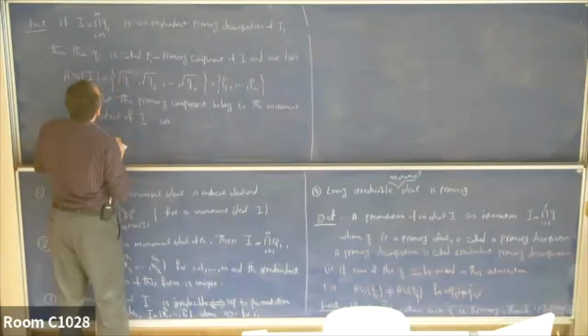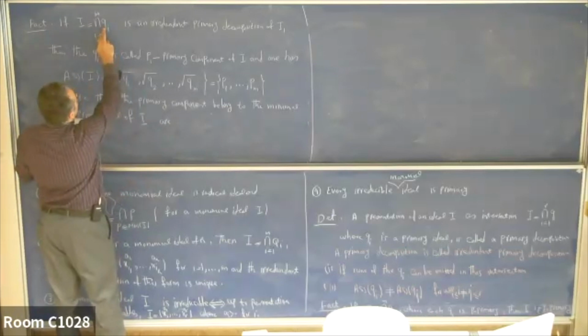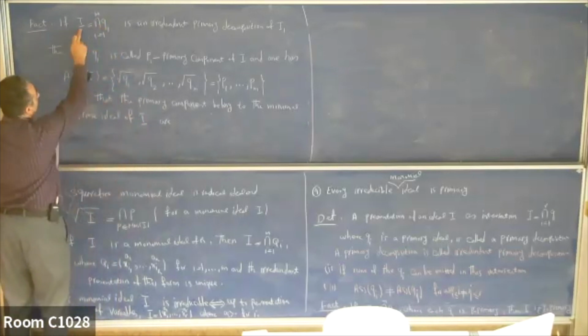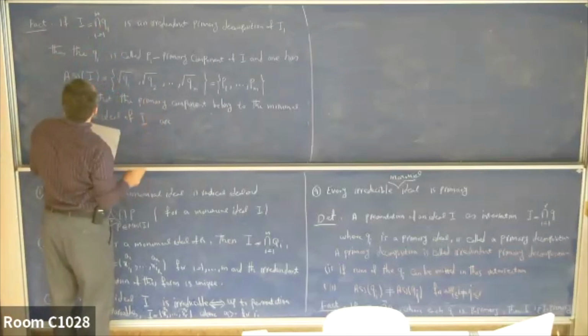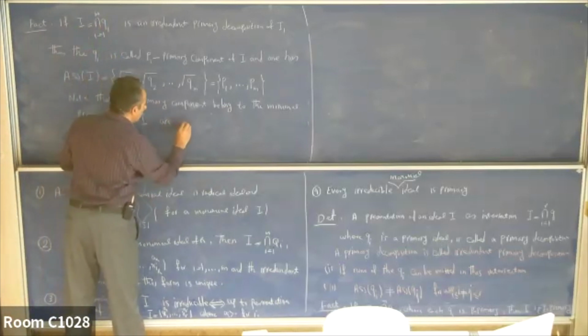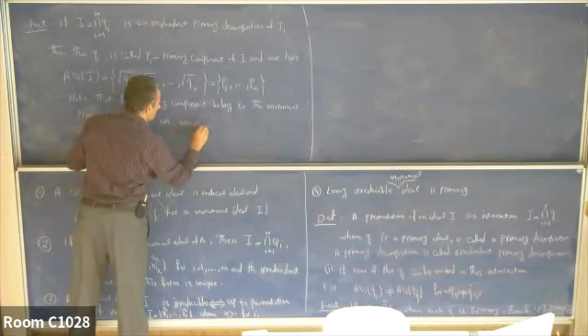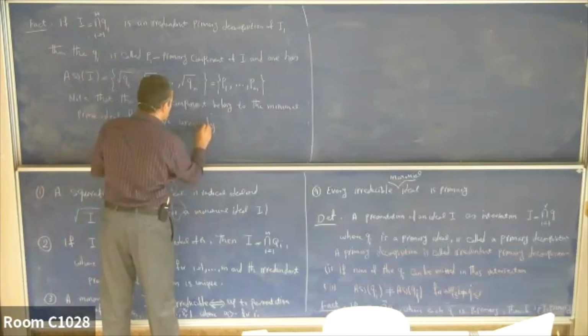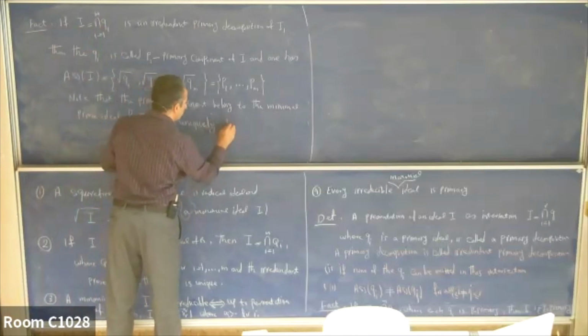Only some components of Qi are unique. The radical ideal is minimal prime ideal of I, and the other is not uniquely determined.